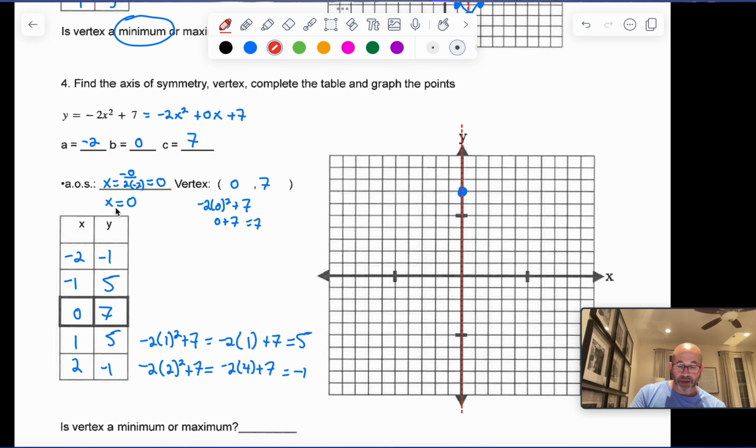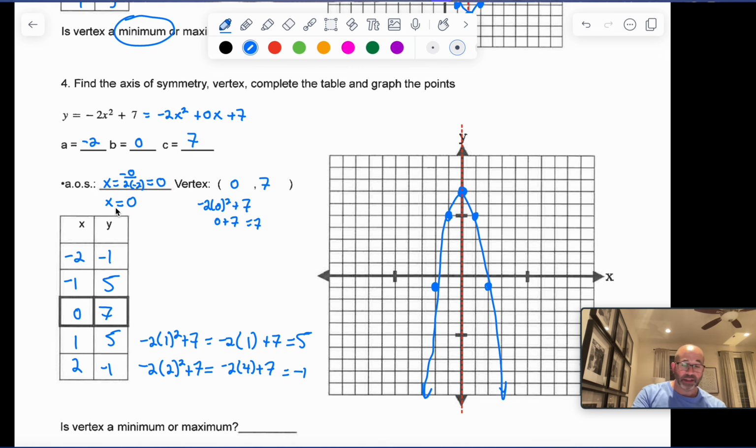We have a coordinate at negative 2, negative 1. Negative 2, negative 1. We've got negative 1, positive 5. We've got 1, 5. And then we've got 2, negative 1. We see the symmetry. So this is what our curve looks like.